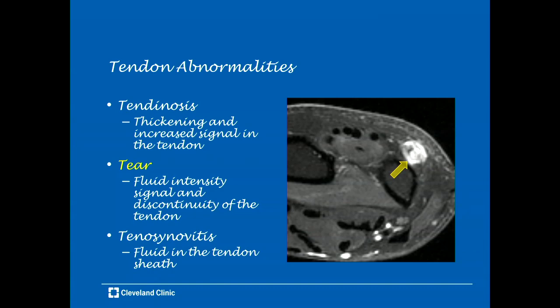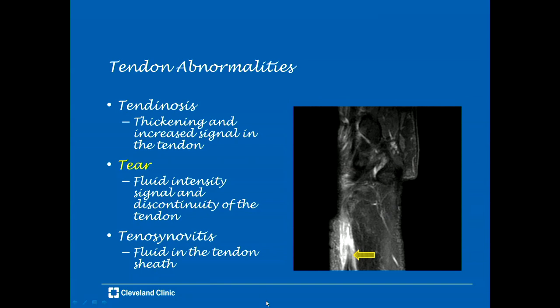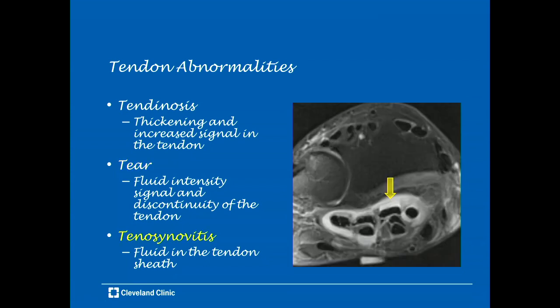And in the same case, you can actually see the torn, retracted tendon more proximally in the distal forearm. And lastly, you can have tenosynovitis, where the tendon itself is normal in signal and morphology, but you may have fluid or synovitis within the tendon sheath surrounding the tendon, as in this case within the carpal tunnel.